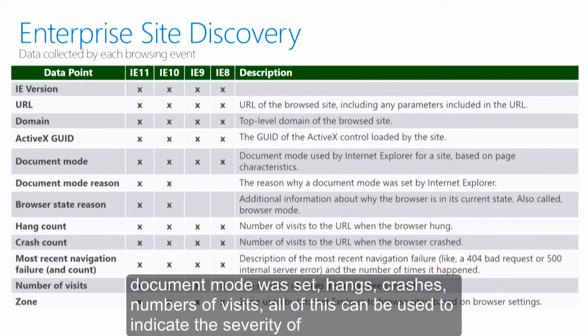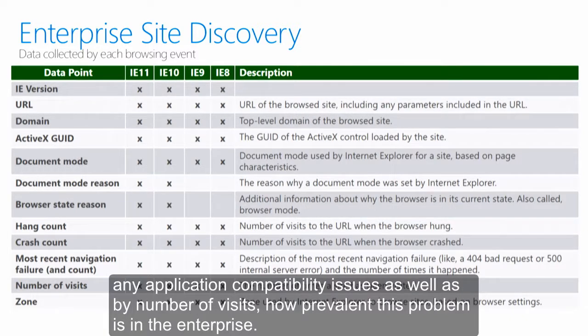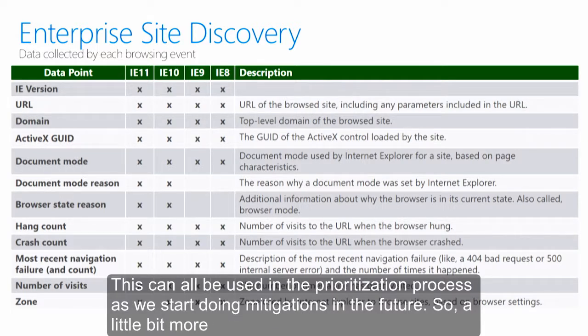Hangs, crashes, numbers of visits, all of this can be used to indicate the severity of any application compatibility issues, as well as, by number of visits, how prevalent this problem is in the enterprise. This can all be used in the prioritization process as we start doing mitigations in the future.